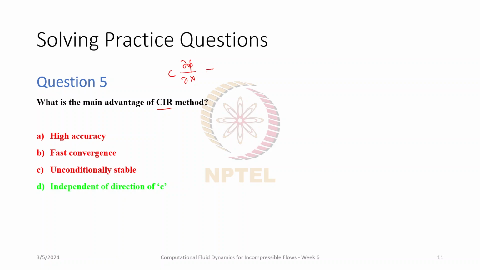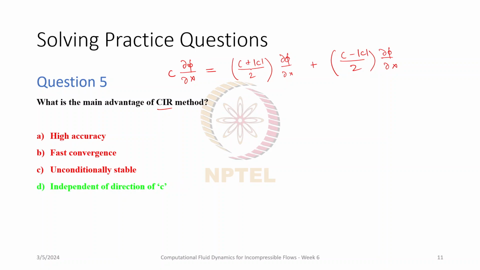So this is discretized as (C plus mod C by 2) ∂φ/∂x. We will discretize this ∂φ/∂x in a different way. Let me just split this first. So, and (C minus mod C by 2). You can see that if you do this summation, you will recover the left hand side that we began with.